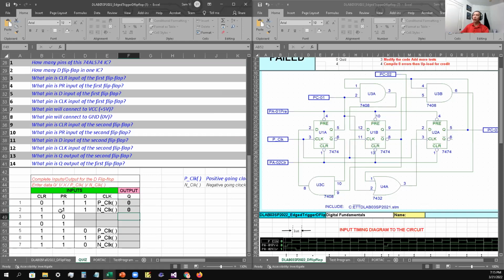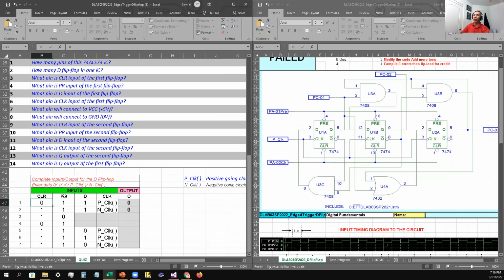That's what they want you to understand, the concept. If you input this and then you have a clock, it depends on the priority, what is more important. The most important thing is what is pre and what is clear. Once those are defined, if it's 0 on clear, then the clear would clear out the output.